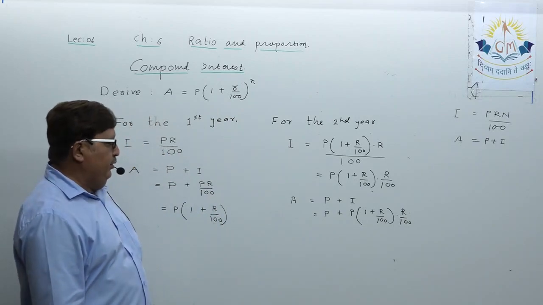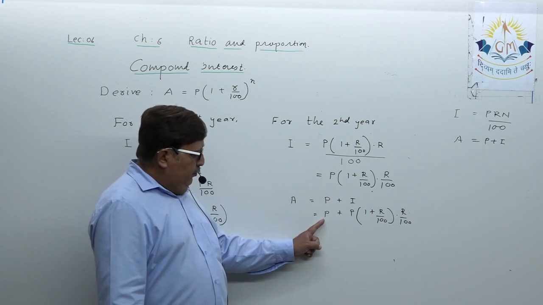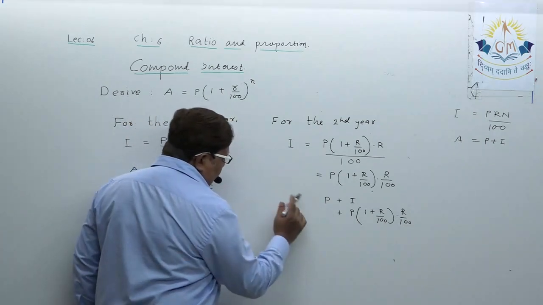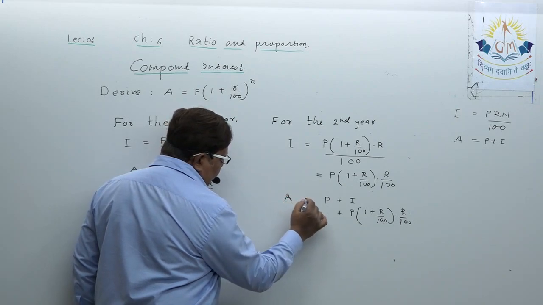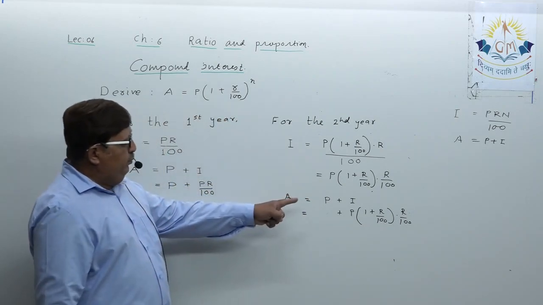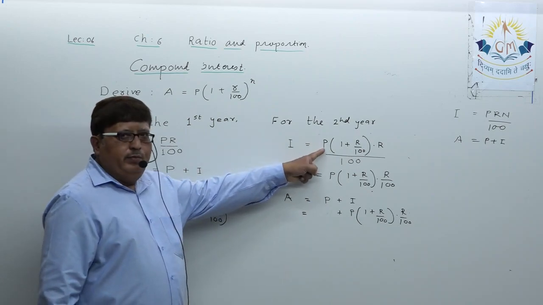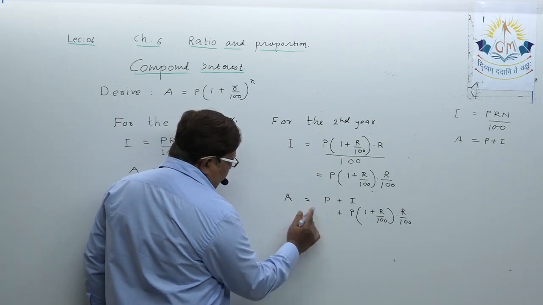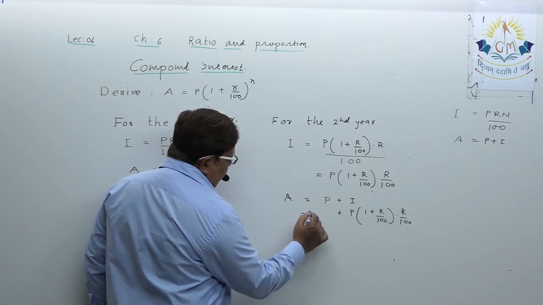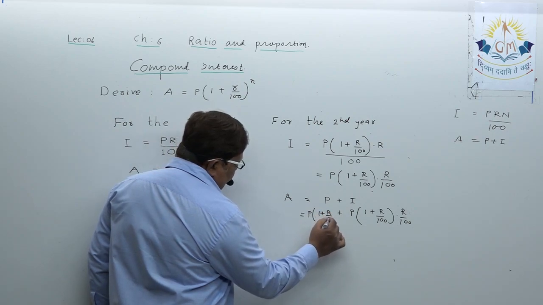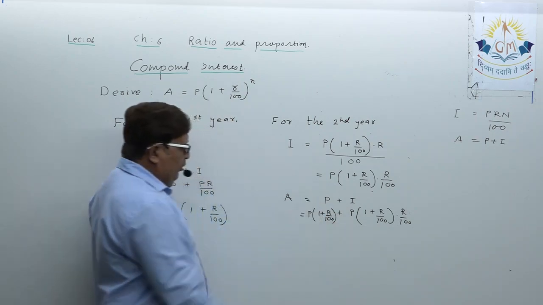Now, dear student, amount equals to P plus I. Now instead of P, we have to place this principal. So I am writing it here. P into 1 plus R upon 100. Try to understand.